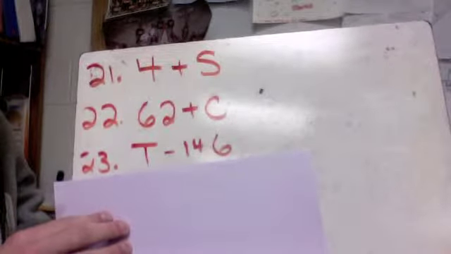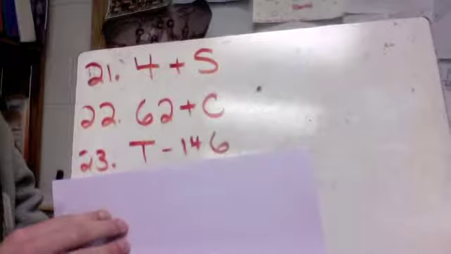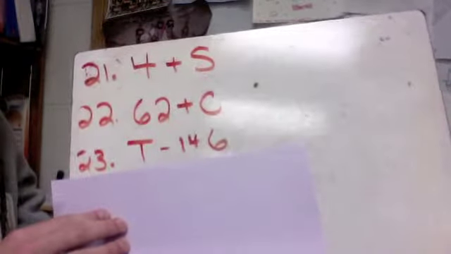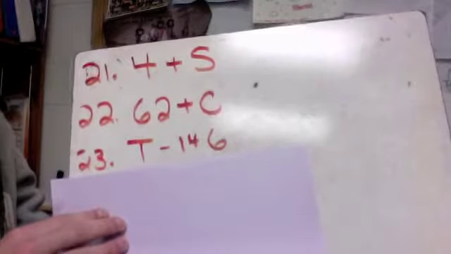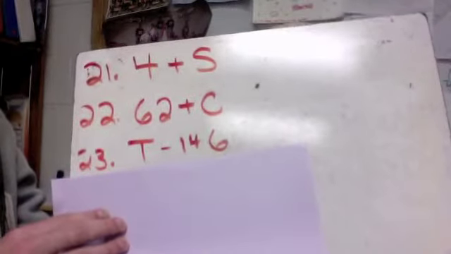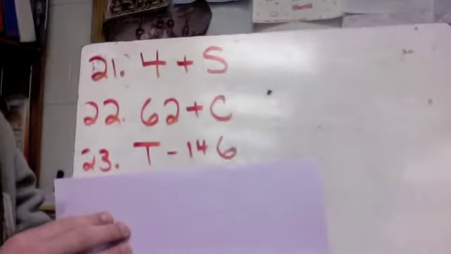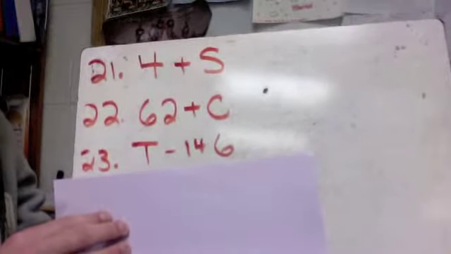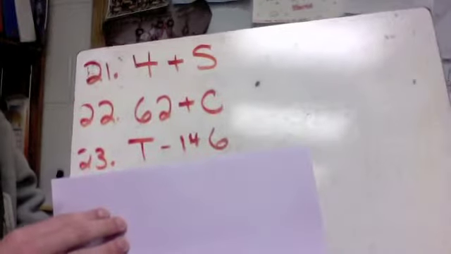So they're telling you that the temperature at Quito was T. Okay, we don't know what it is, but we know it's T. So we know that to get the North Pole's temperature, it's going to be less than at Quito, Ecuador, so the number would need to get smaller. So it would need to be whatever T is minus 146. So that would be your answer to 23.